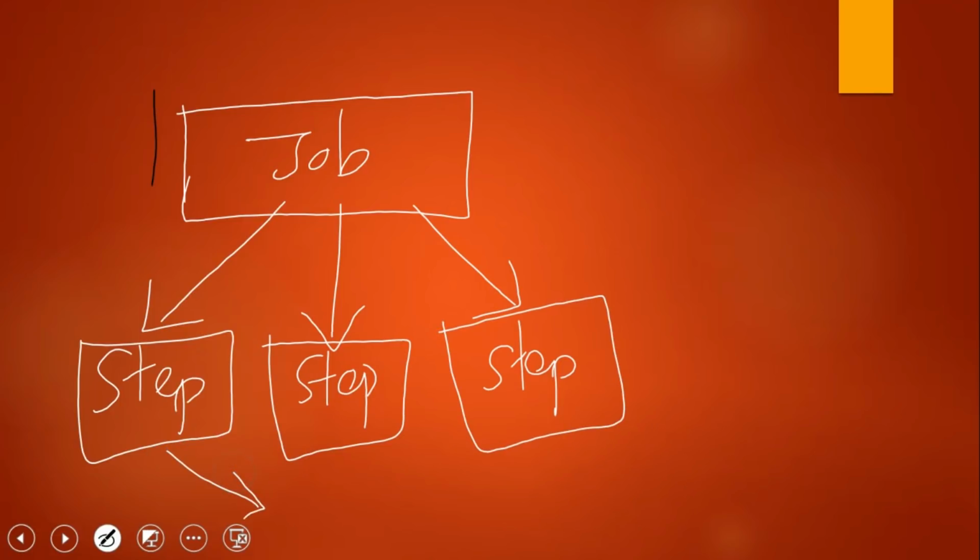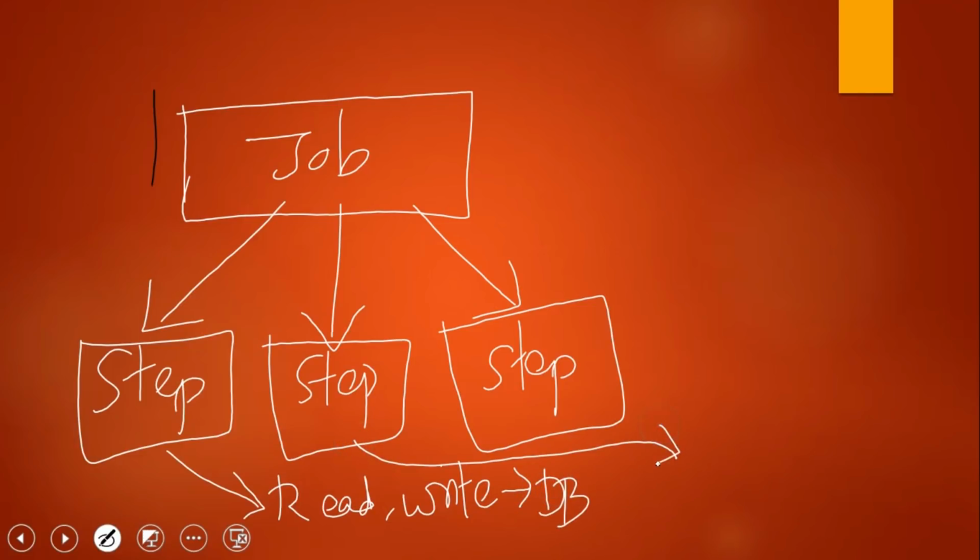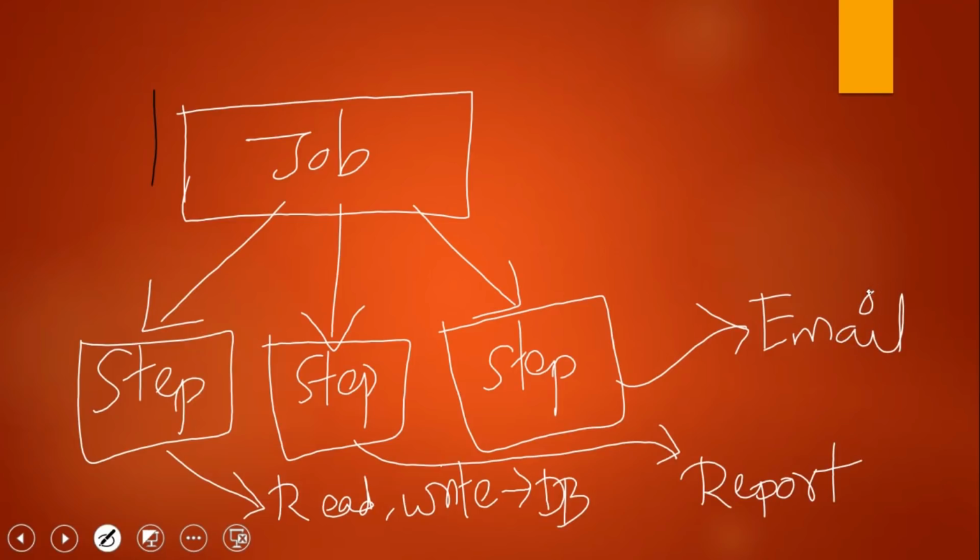For example, one step will take care of reading data and writing it to the DB. Another step will create a report out of the data present in the DB. And another step could email the generated report to the respective parties. So this is a quick representation of a job.